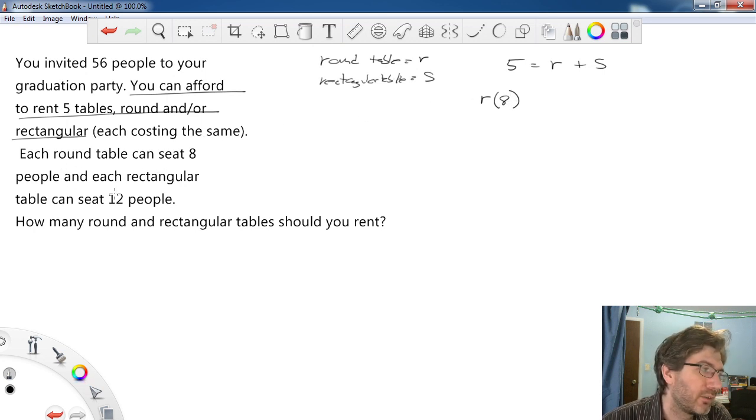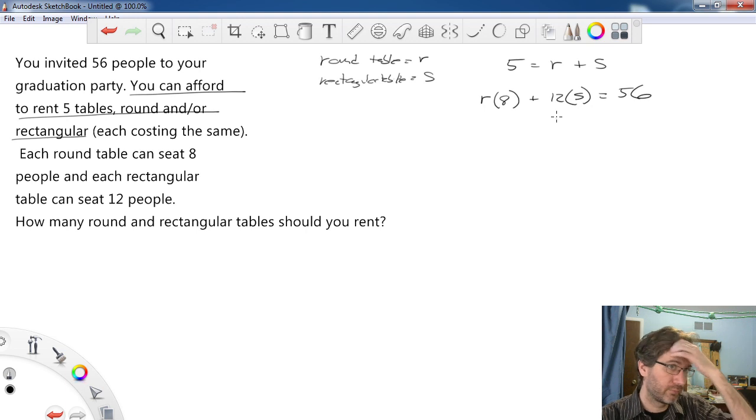And each rectangular table can hold 12, so plus 12 S, and they have to equal your 56 people that are going. So 8 times R plus 12 times S equals 56.